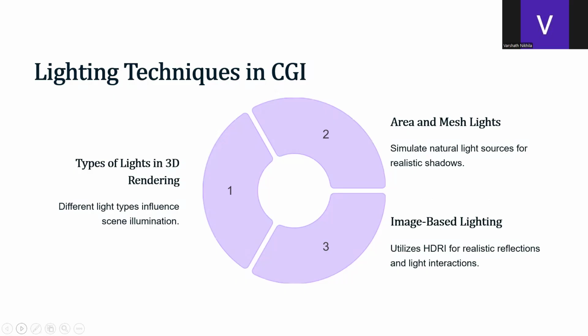Point lights are like a light bulb. Area lights simulate windows or fluorescent panels. Mesh lights are custom shaped lights. And image based lighting uses HDRI maps to provide realistic environment light. Proper lighting makes the difference between a flat render and a cinematic masterpiece.